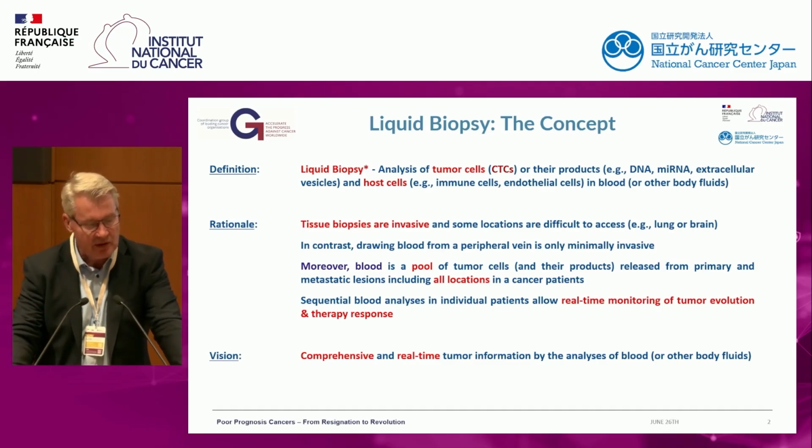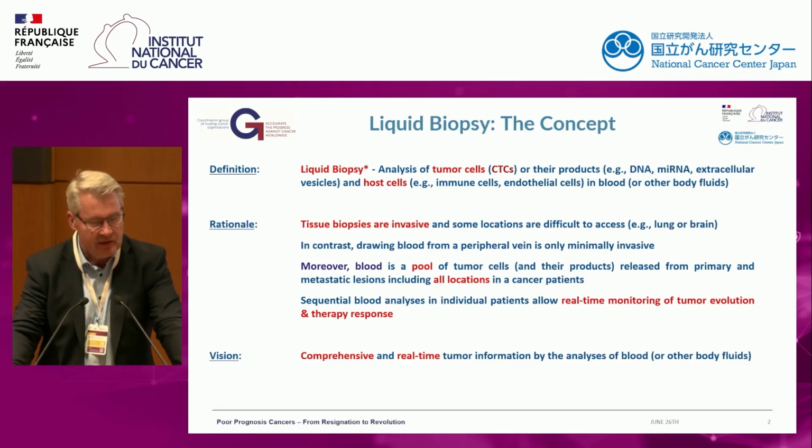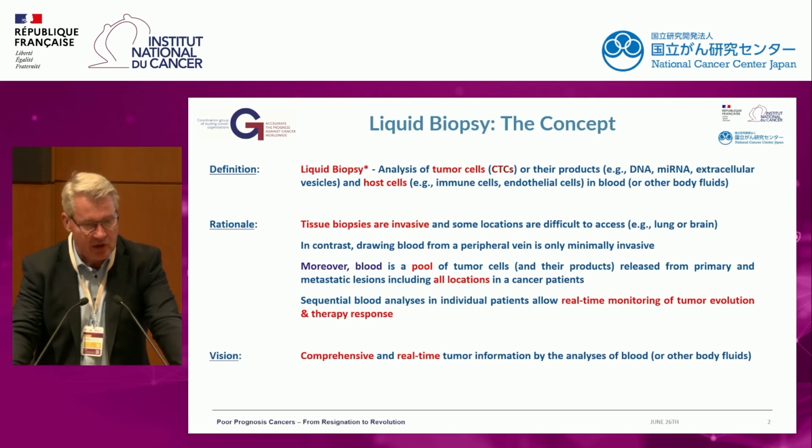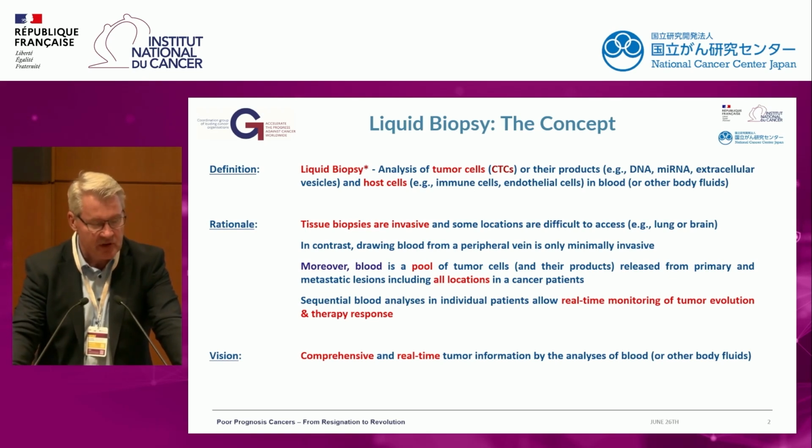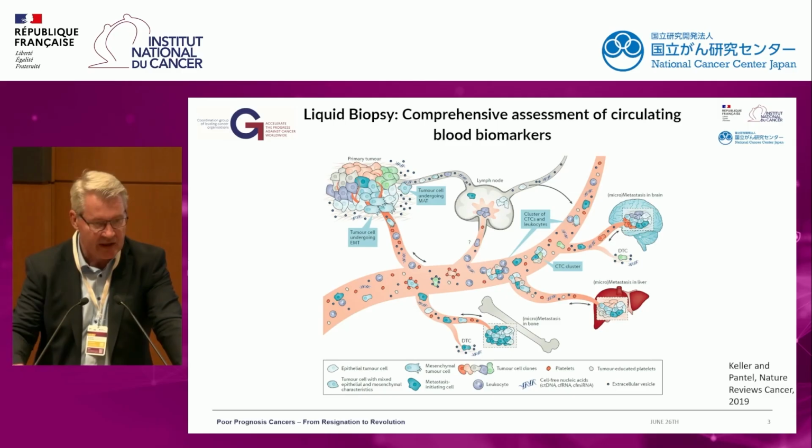And most importantly, you can take sequential blood samples every day, every week, every month to get information on the real-time monitoring of tumor evolution and therapy responses. So it maybe opens a new vision for a more comprehensive and real-time tumor information by the analysis of blood samples, and it can be also applied on other body fluids, but I will focus on blood today.